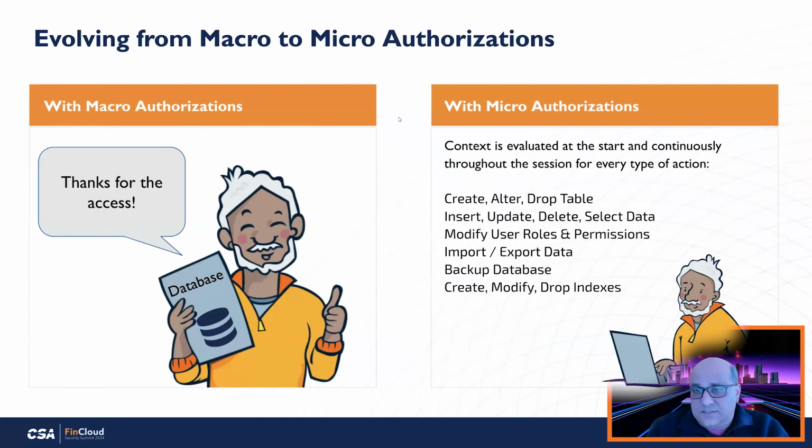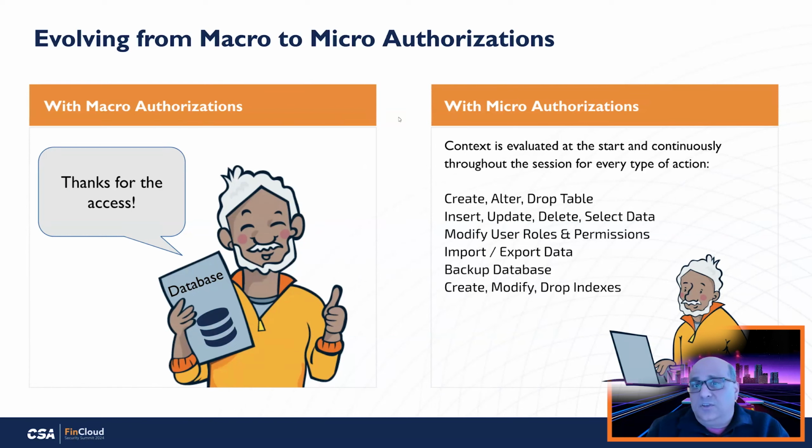So how do we solve this? There's a trend that we're introducing, which is a move away from macro authorizations, all or nothing access to an environment, to more granular authorizations that we're calling micro authorizations, where we evaluate the context, we evaluate the actions that are about to be performed at every moment of that session.